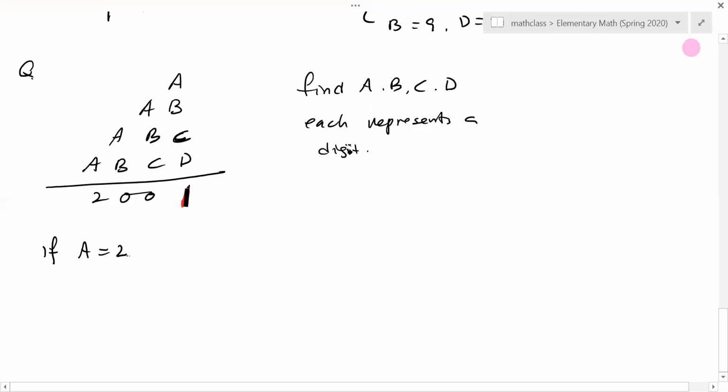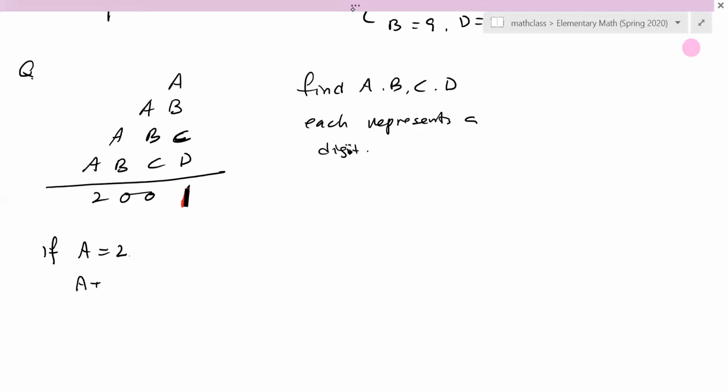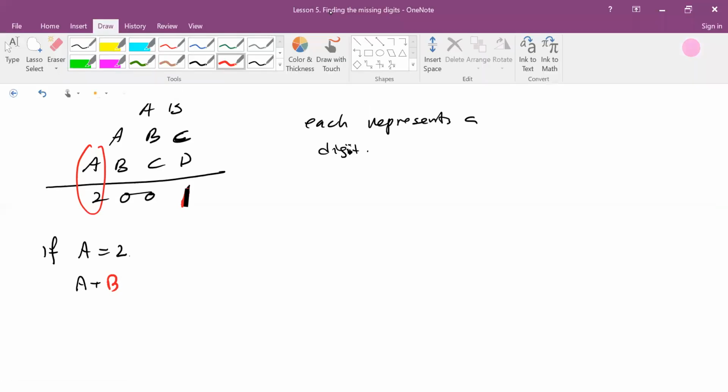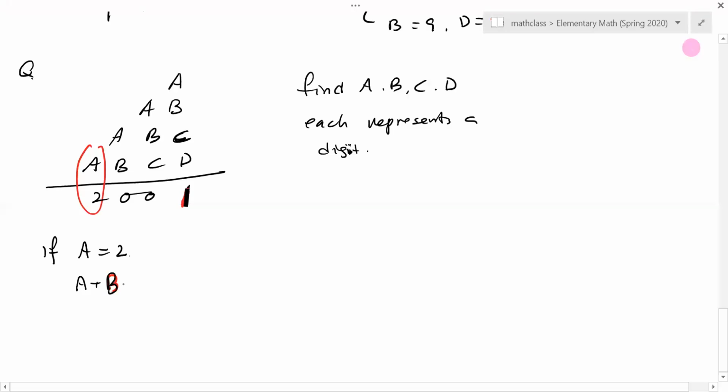Why is this impossible? If A equals 2, this is the first part, so nothing came from the previous computation. A plus B, you have to get a 10, okay? From here, you see A plus B should be equal to 10.